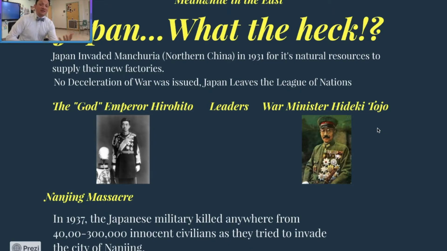And in 1937, the Japanese military is going to swarm into the city of Nanjing, which is actually in northern China, and lead a massacre of people. We don't know for sure how many civilians were killed, but it was a massive purging genetically of trying to assault women, killing of children and women, killing of elder populations, and we know it was anywhere from 40,000 to 300,000 people when they invaded this one particular city.